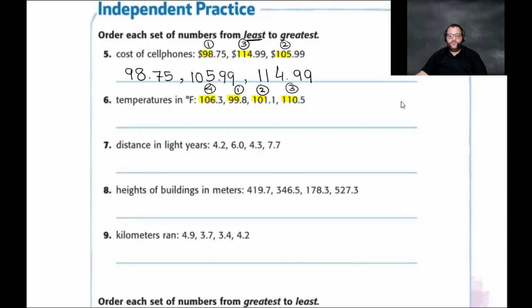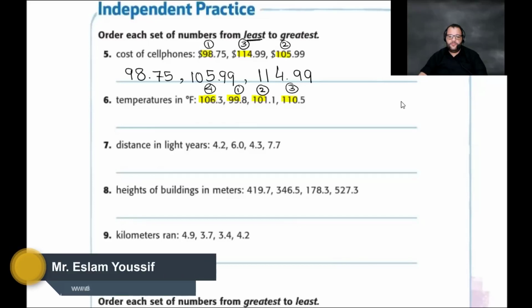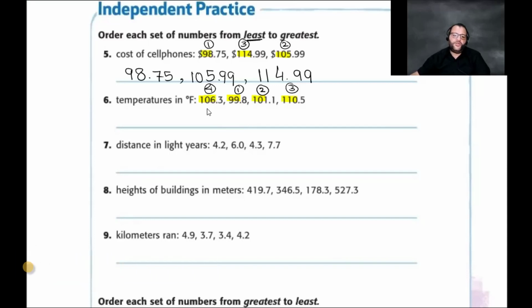Wait, I want to check. No, 99.8, and then 101.1, and then 106.3. Yes, 106 is smaller than 110. So this would be the third number, and this would be the fourth number.